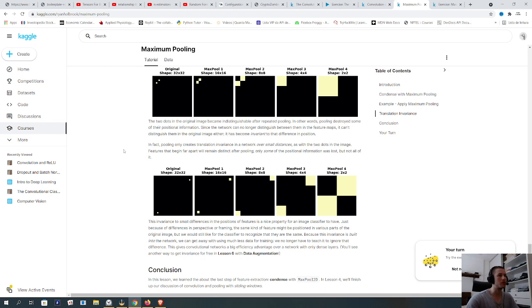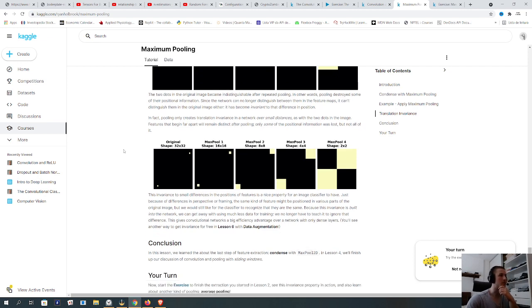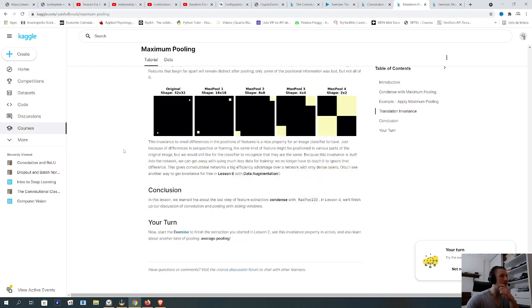Since the network can no longer distinguish between them in the feature maps, it can't distinguish them in the original image either. It has become invariant to that difference in position. In fact, pooling only creates translation invariance in a network over small distances, as with the two dots in the image. Features that begin far apart will remain distinct after pooling. Only some of the positional information is lost, but not all of it. So it's pretty much like a zoom, and makes you lose accuracy of points that are near to each other.